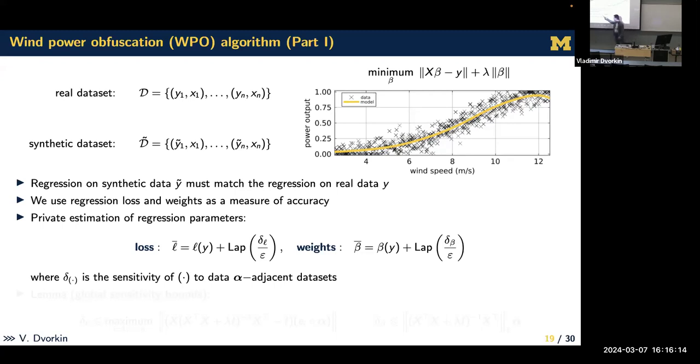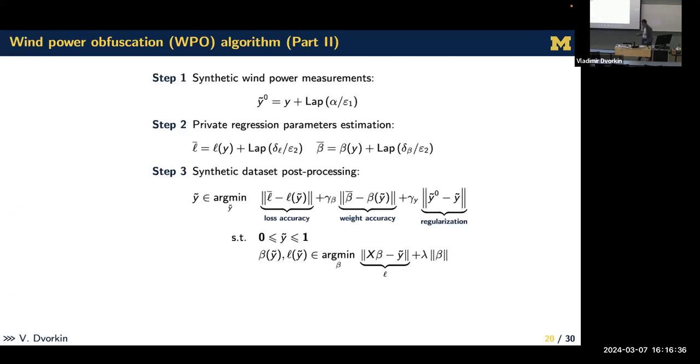We also like the regression loss on the synthetic data set and the real data set to match. Then you can post-process your synthetic data to match the performance of the real data in terms of the same analysis. For that, you need private estimates of loss. I will have to skip it now, but that's how the algorithm works.